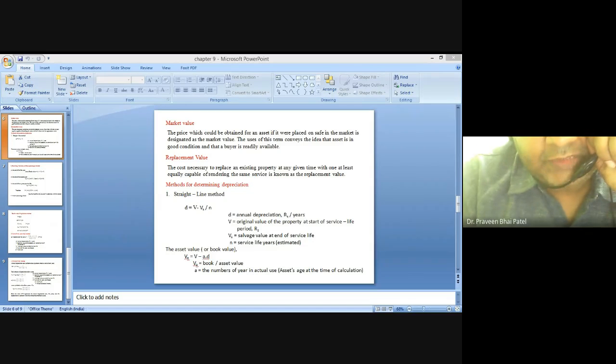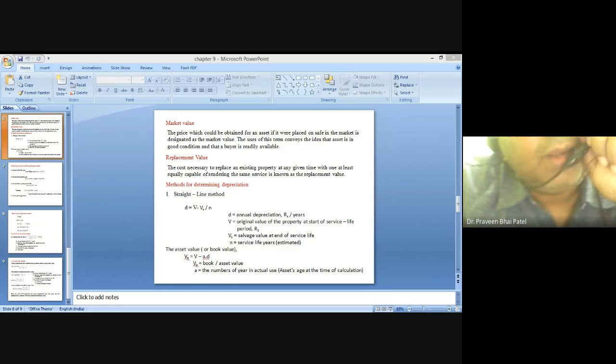V minus Vs upon n. So what is V? Original value is 30,000. After 10 years, what is the condition? Salvage value is suppose 3,000, and number of years 10. So 27,000 divided by 10, 2,700 will be the depreciation value per year.